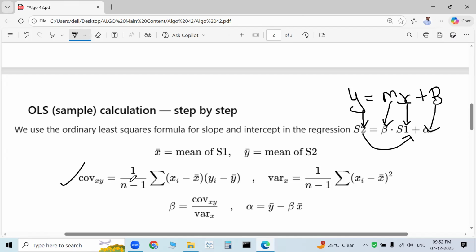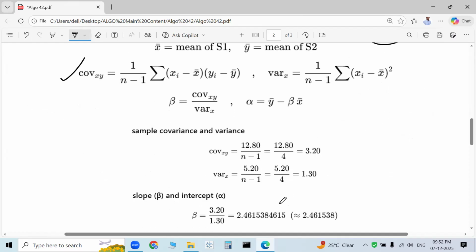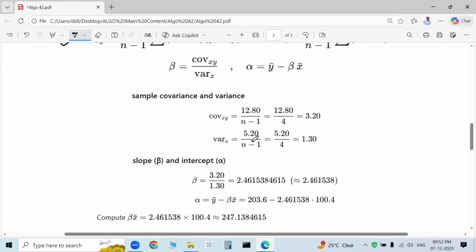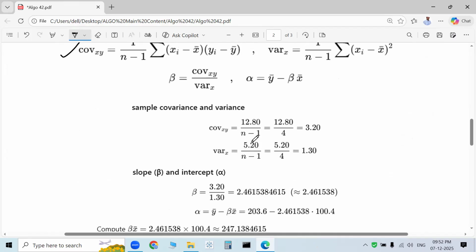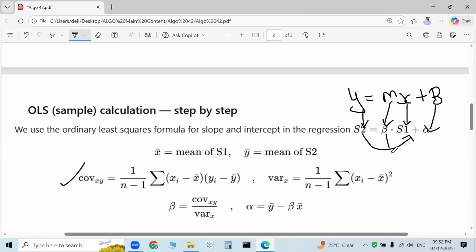Covariance is 1 divided by n minus 1, summation of (xi minus x bar)(yi minus y bar), because we want the beta and alpha values. So we are trying to find out beta and alpha, and for that we need covariance.